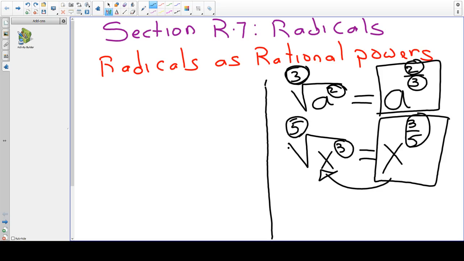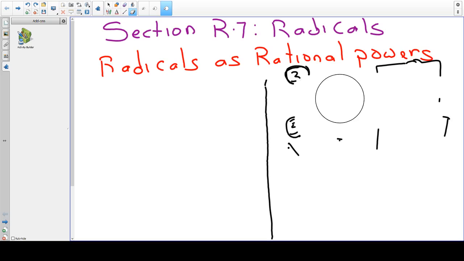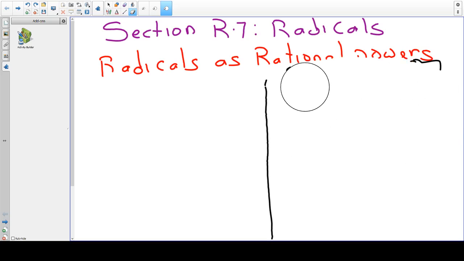So I'm going to give one example here so we get a sense of what that's going to look like. If I say 2 to the power 7 over 11, some questions are going to require that we turn this into a radical.